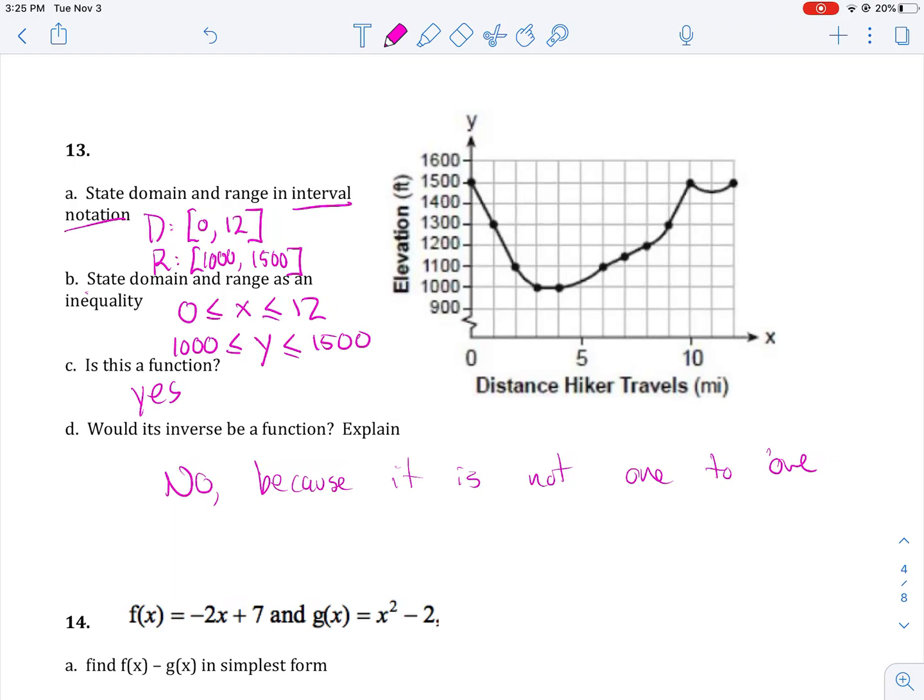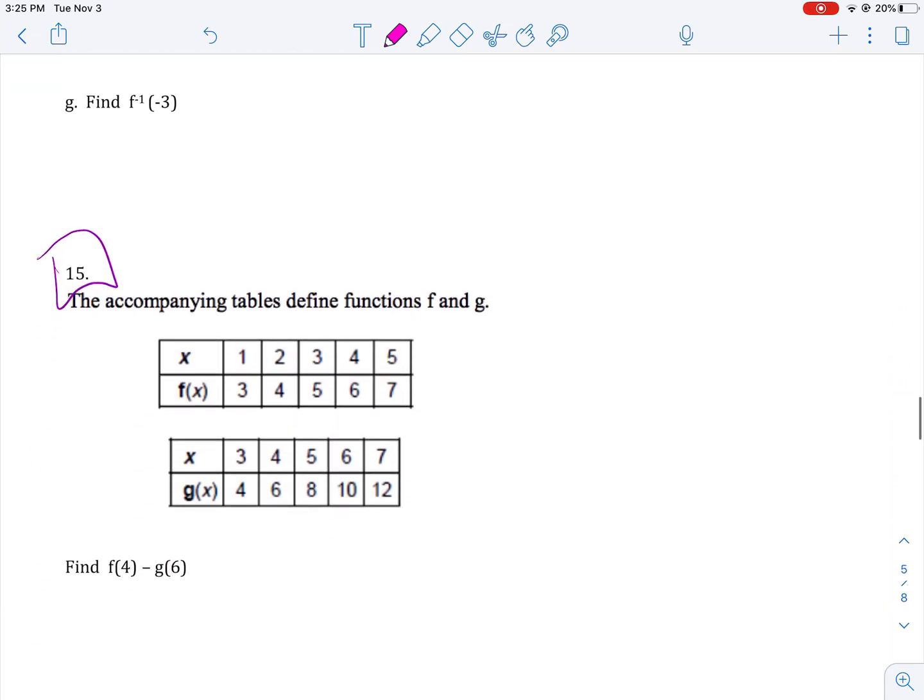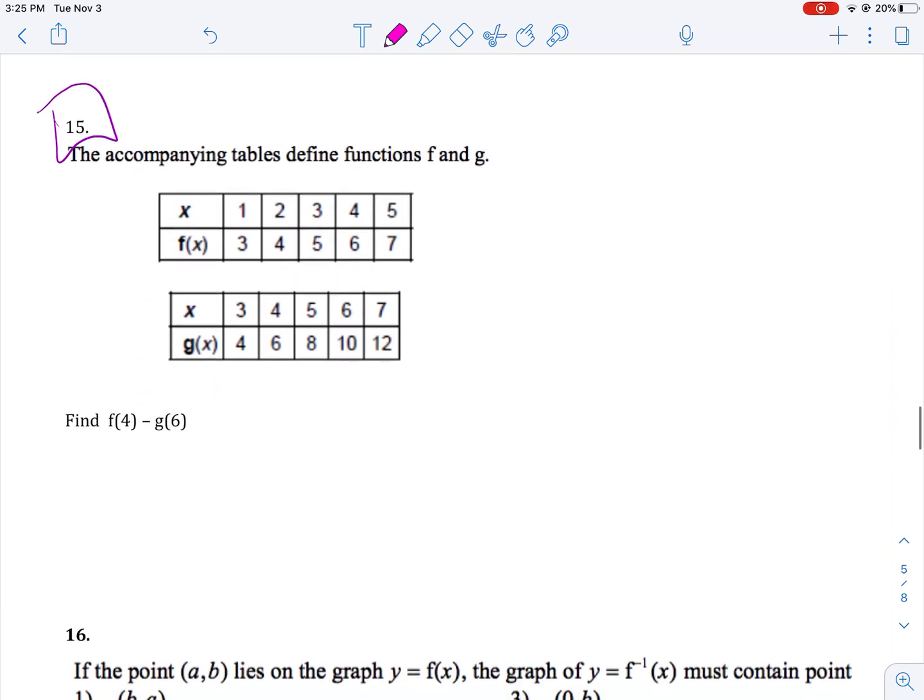Okay? All right, let's go down to 15. The accompanying tables define functions f and g. So in this one it says find f of 4 minus g of 6. Okay, so f of 4, what this is talking about is when our input is 4, what is our output? Same thing for the g.